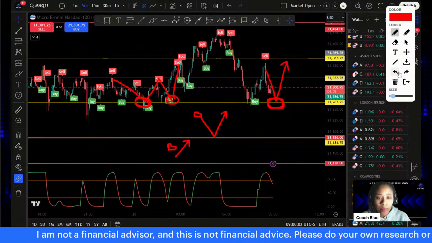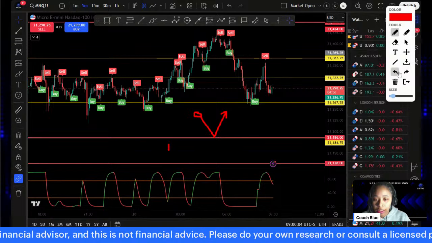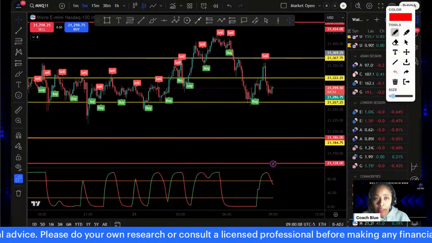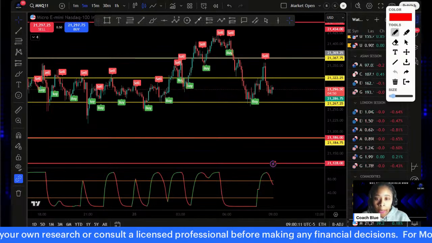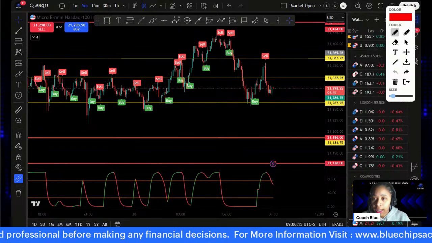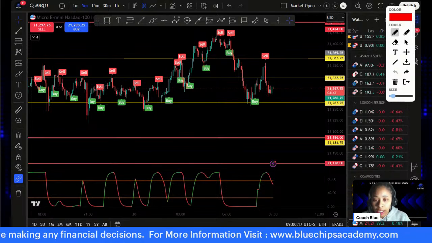Now let's look at resistance. Resistance is a little bit different. It's basically the opposite. Resistance is our ceiling.